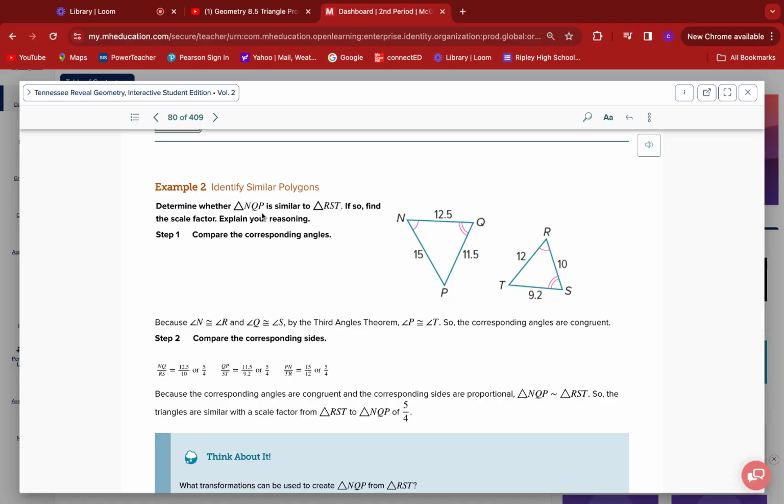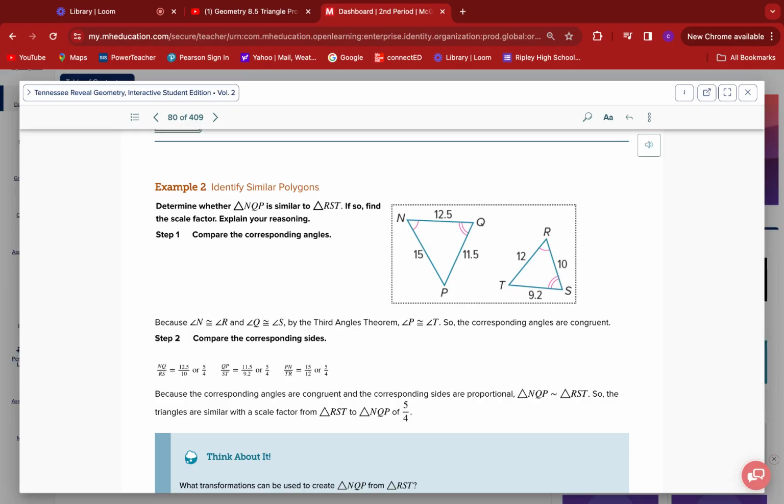Which means angle P and angle T should be the same. Now, I don't know what their measures are, but if I've got 1 angle and 2 angles, then 3 angles should be congruent.